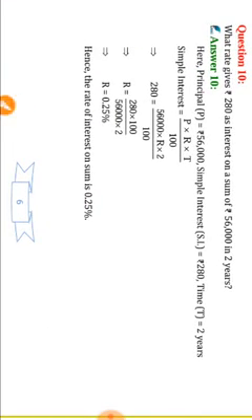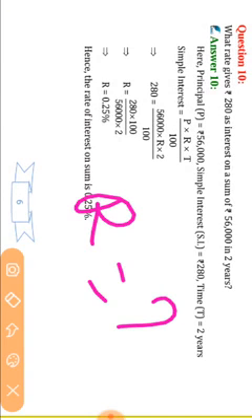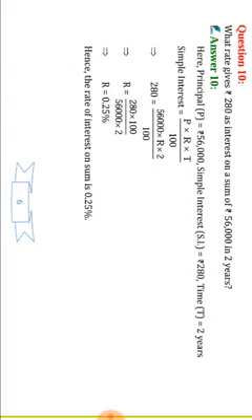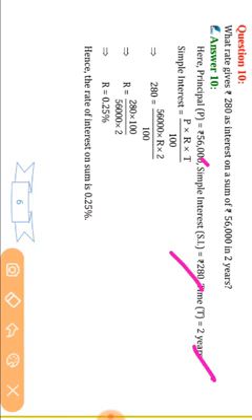Okay. Then the 10th one: what rate gives interest of 280 rupees on a sum of 5,600 in 2 years? Rate means rate of interest is the question mark. Sum means it is the principal. Time is given, simple interest is given, and principal is given. We know that simple interest is equal to PRT divided by 100.